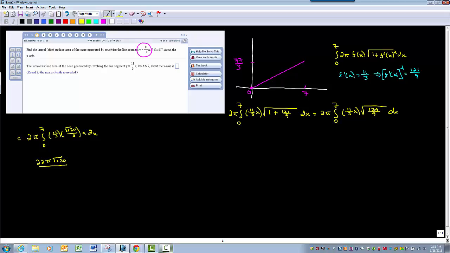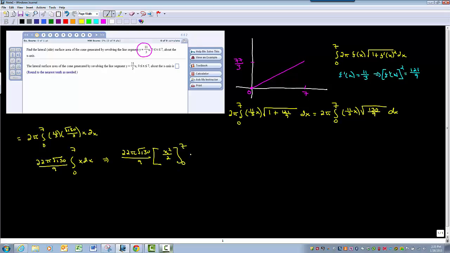This times this times this times this over 9. Pretty ugly there, right? Times the integral from 0 to 7 of x dx. So this will be 22 pi times the square root of 130 over 9, times x squared over 2 evaluated between 0 and 7.